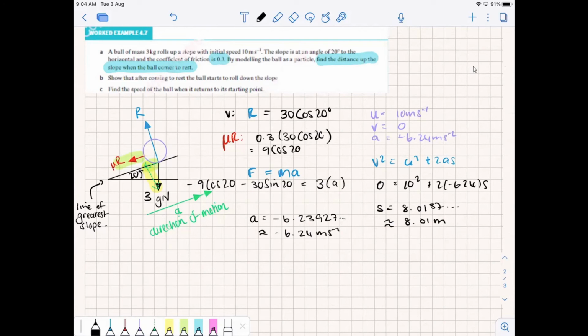Now things are going to change. They want us to show that after the ball comes to rest, it starts rolling down the slope. In other words, what we need to prove is that there is a force in the direction down the slope when the ball comes to rest.